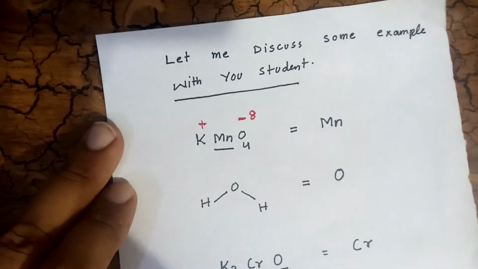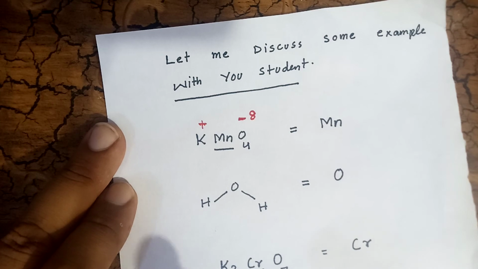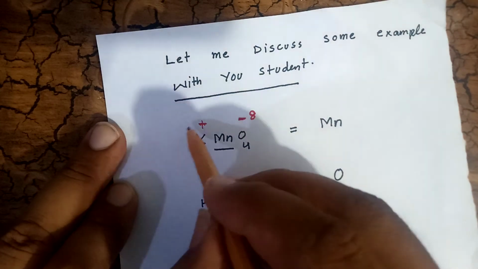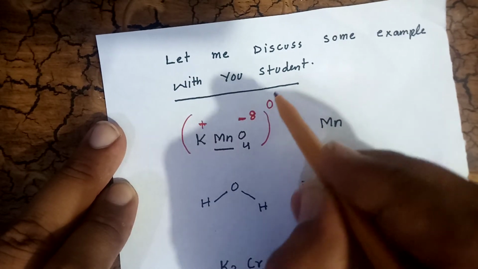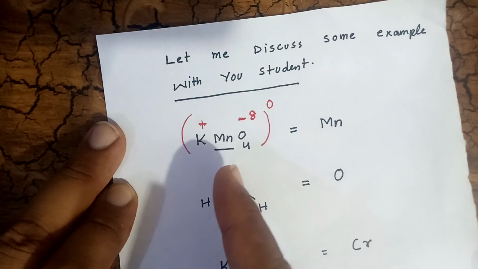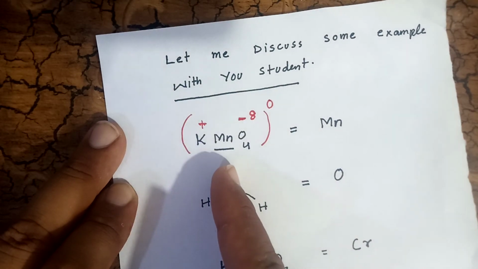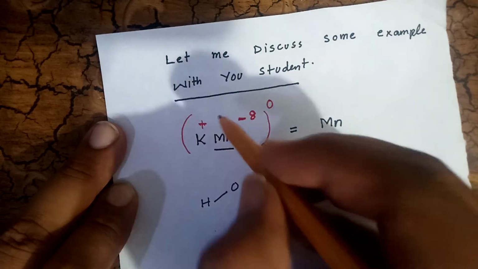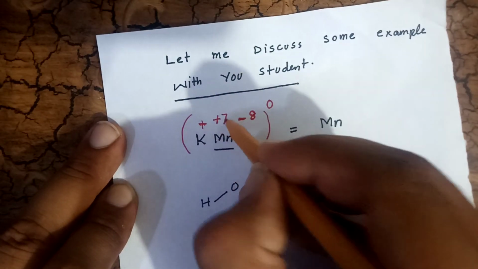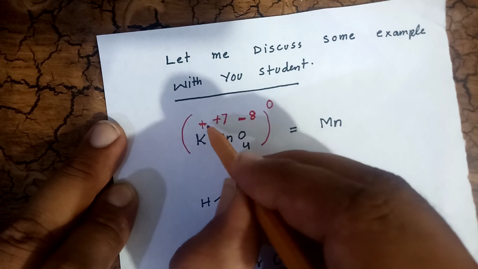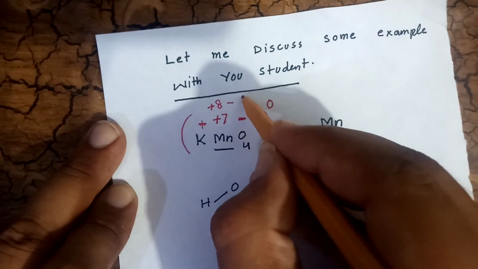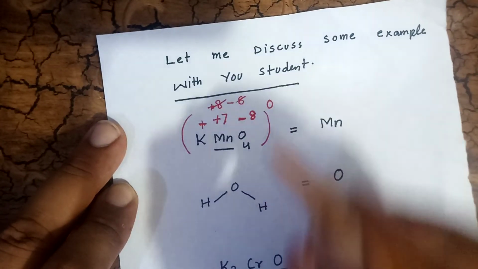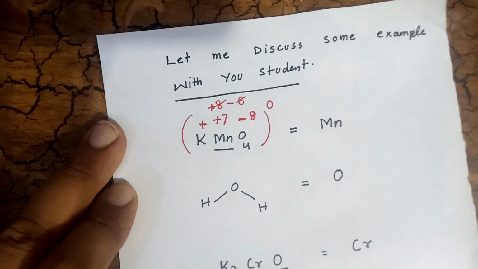So what oxidation state can I give to the manganese to neutralize all this, so that as a whole KMnO4 becomes 0? Just think on it. If we give it +7, then +7 +1 and -8 will cancel out one another, and as a whole we have 0 oxidation state.